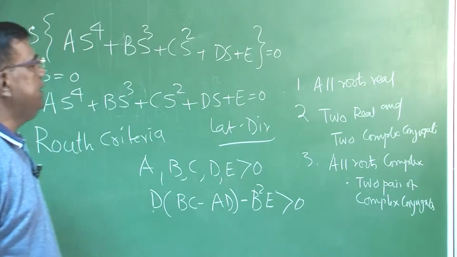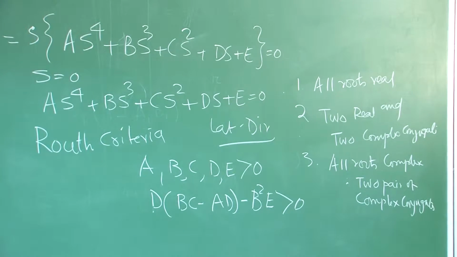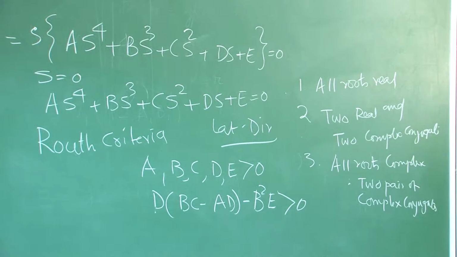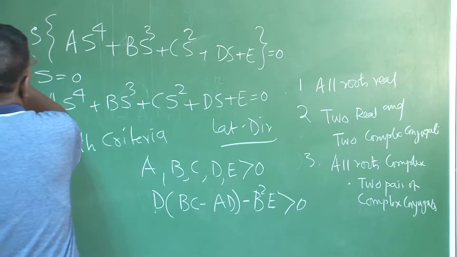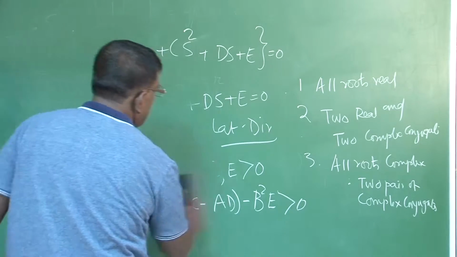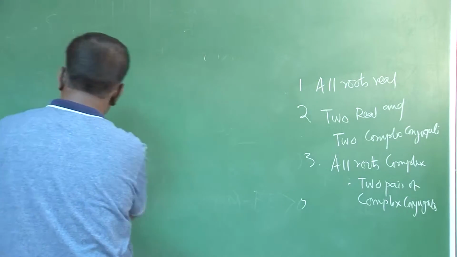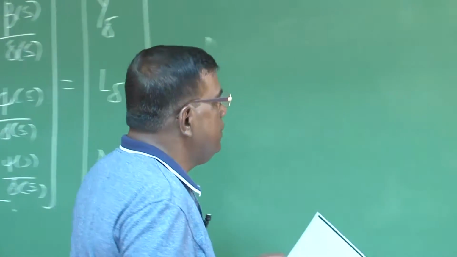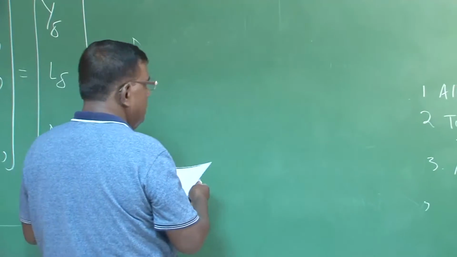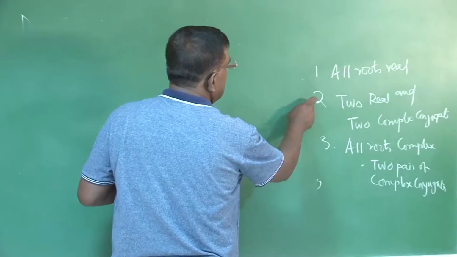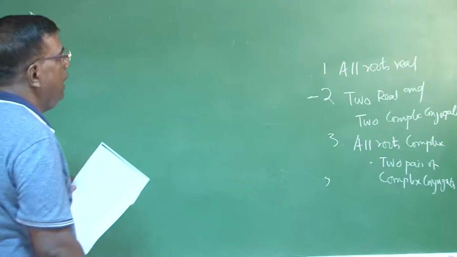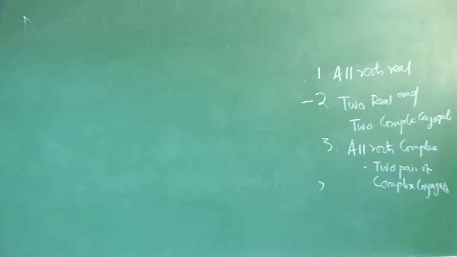Already in the second case 2 real roots are there, right? Mostly this case 2 is the common type of root we get for most of the airplane, and mostly you find for lateral directional case we get this case 2: 2 real and 2 complex conjugates, right?